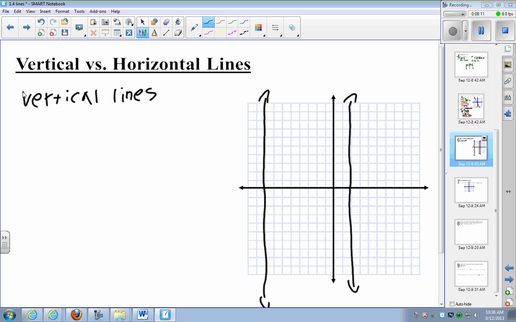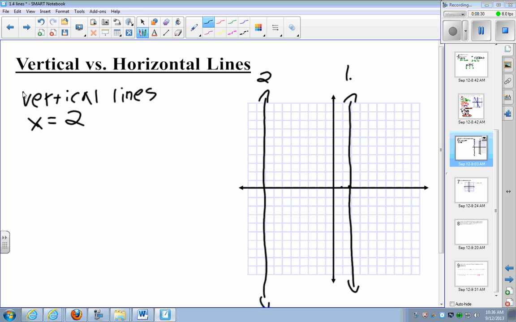And those are represented by having x equal to some number. So here, if we look at the first line we drew, line number 1, x is going to equal 2 no matter what our y value is. And so we'll have x is equal to 2.